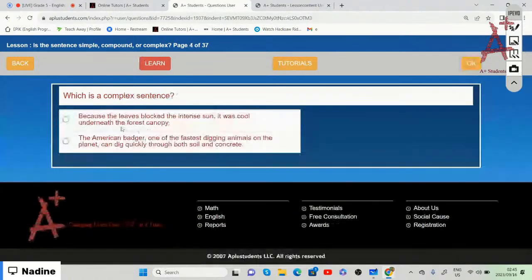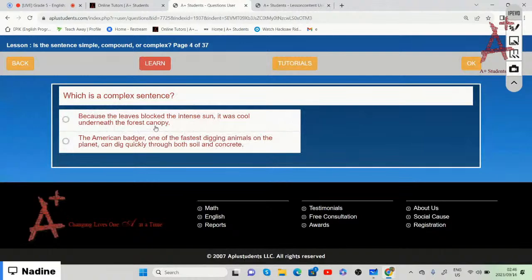And now a complex sentence. Because the leaves block the intense sun, it was cool underneath the forest canopy. Or, an American badger, one of the fastest digging animals on the planet, digs quickly through both soil and concrete.